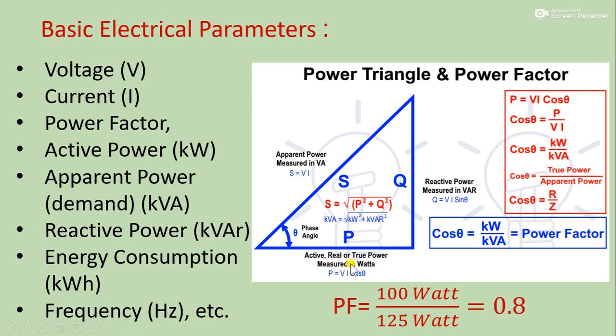So true power, active power, is the power which we get, and apparent power is the power which is developed. Power factor is the ratio, as per the definition, of kW to kVA. Suppose we have true power 100 watt and apparent power 125 watt, then the power factor of that system is 0.8.